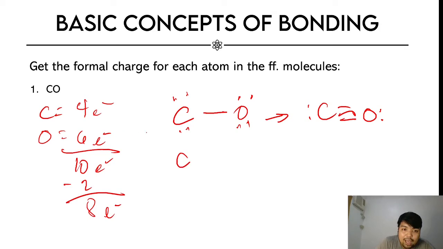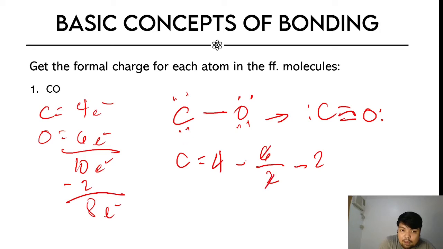So carbon has 4 valence electrons minus the bonding electrons from the triple bond, so that is 6 bonding electrons divided by 2, minus 2 non-bonding electrons.